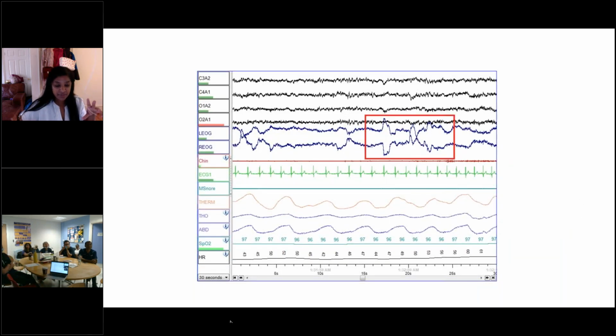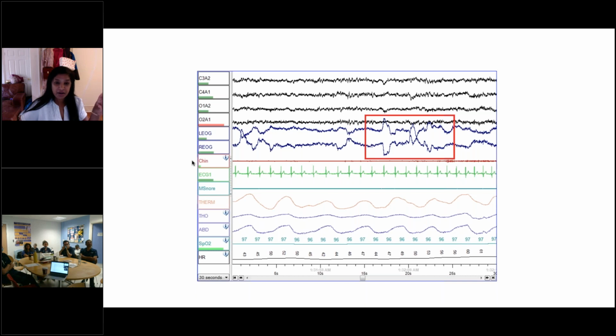So what I've put here is a cardiorespiratory polygraph, and this is the kind of gold standard. But actually, what you've got at the top, from where it says C3 to A2 down to REOG, and the red line where it says chin, is your typical polysomnograph. That's your standard polysomnograph, and that's what the reading would look like.